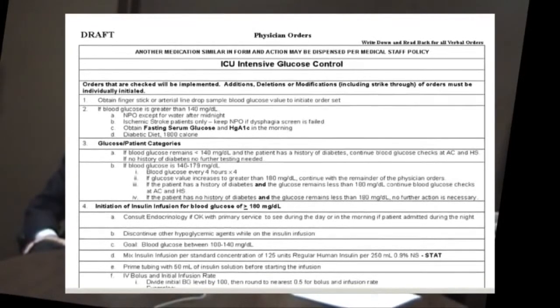does not mandate anyone to use IV insulin in any patient. It really is a choice of a physician to make a decision whether they want to use IV insulin for glucose control or not. The other small disclaimer that I will make is that this protocol is not intended to be used in patients with diabetic ketoacidosis. There is a separate order set that should be used in people with DKA.